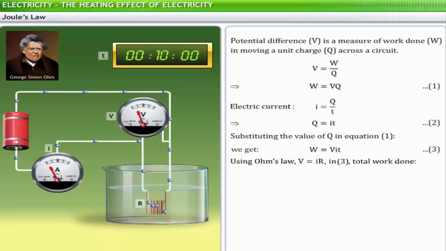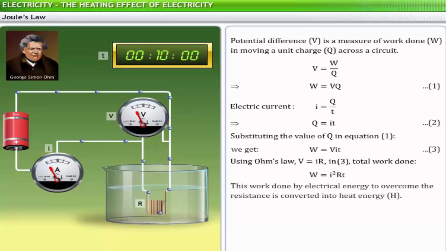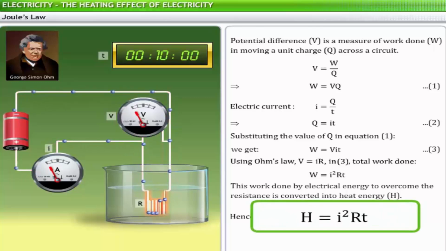The total work done by electric current, W, is equal to I squared RT. This work done by electric current to overcome the resistance of a conductor is converted into heat energy, which is represented by H. Hence, H is equal to I squared RT.